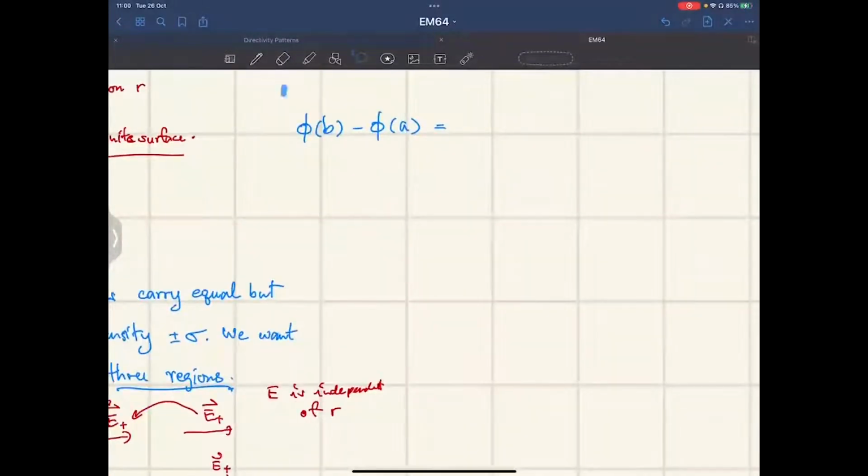Okay, this is the potential difference, equal to the minus integration from A to B here, E dot dl.